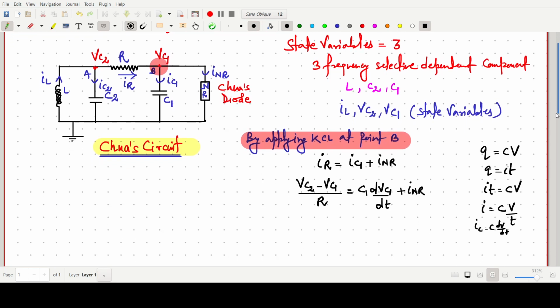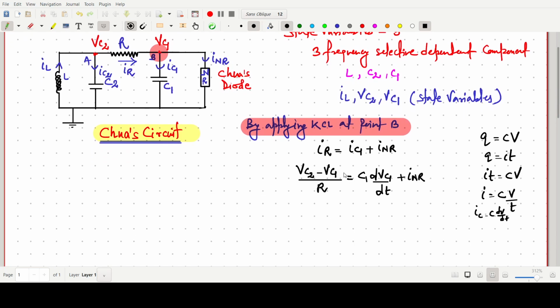A state equation we are writing, with state variables IL, VC2, VC1.